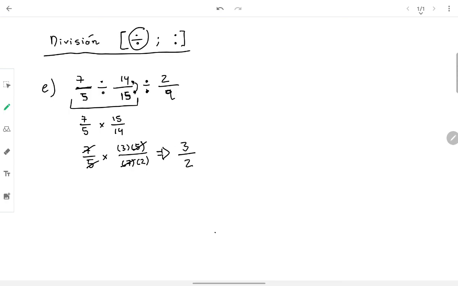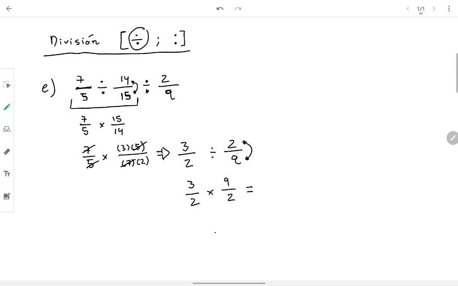So let's put that 3 halves divided by 2 ninths. We can't change this fraction, so we will have 3 halves. This one we can modify to become a multiplication, which will be 9 over 2.